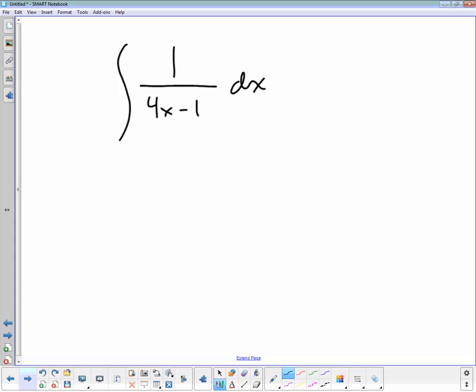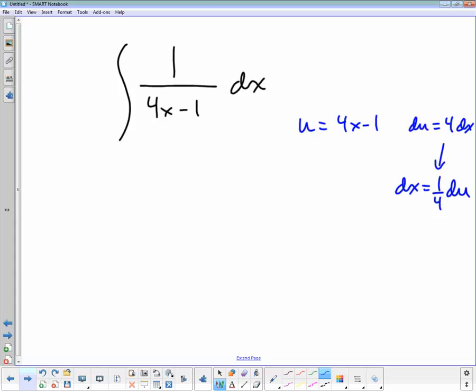So if we do a U-substitution, at this point you really don't even need to do a complete change of variable, but you should realize that dx is equal to 1/4 du, which means I got to put that 1/4 in there somehow.